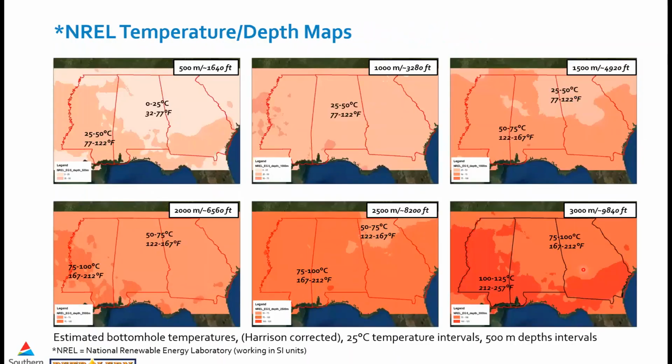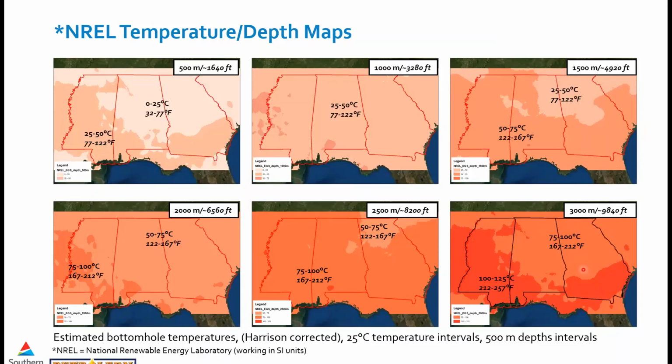I talked about the NREL temperature depth maps from this web GIS portal, and these maps are based on estimated bottom hole temperatures, which have been horizon corrected. As I said just before, it is 25 degrees Celsius temperature intervals and 500 meters depth intervals.